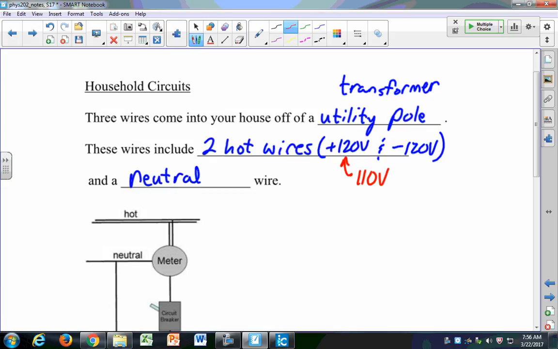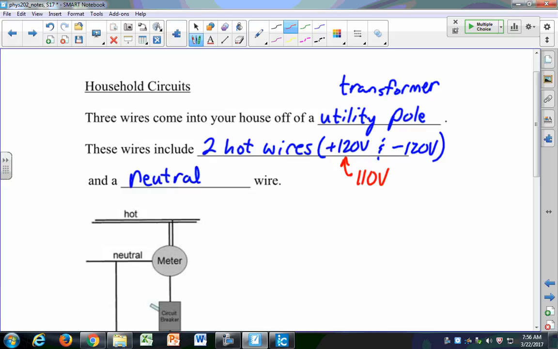They actually operate at 240 volts, or sometimes they say 220. So you might have heard both of those. And that comes about from these 2 hot wires. Most of the time, you're only using this wire for the outlets here. These all operate at about 120 volts. But when you need 240 volts, you use both of these wires. That's why, on your clothes dryer or your electric stove, instead of having a 3-pronged outlet, you have how many prongs on those outlets?